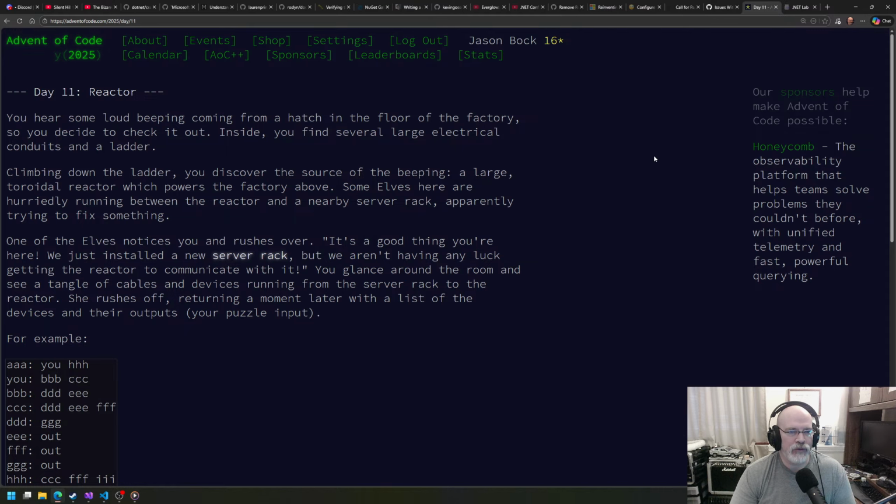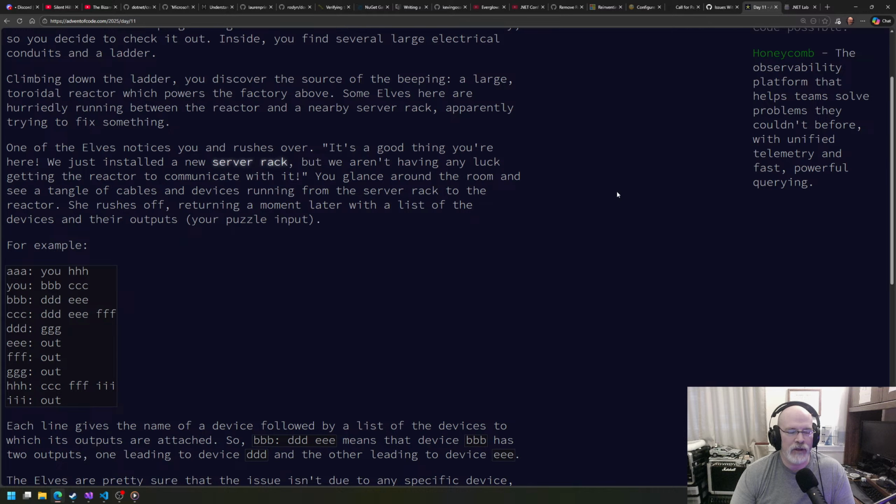One of the elves notices you and rushes over. It's a good thing you're here. We just installed a new server rack, but we aren't having any luck getting the reactor to communicate with it. You glance around the room and see a tangle of cables and devices running from the server rack to the reactor. She rushes off, returning a moment later with a list of the devices and their outputs, your puzzle input.